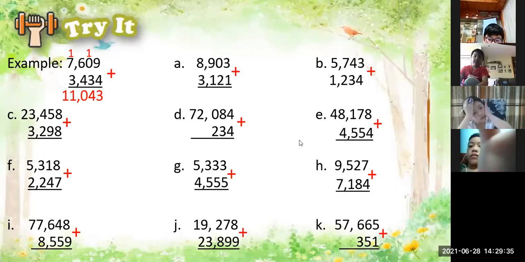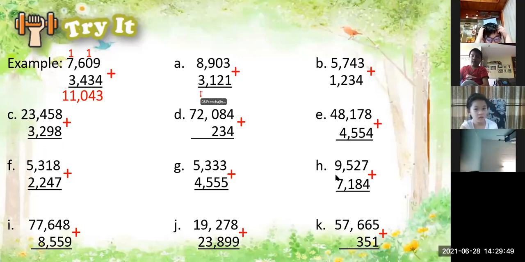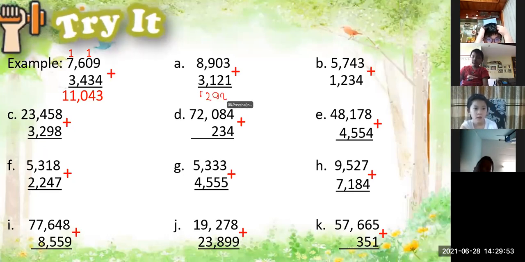Okay, now let's start. Letter A. What's the answer, letter A? Can you tell me, everybody? The answer is 12,024. Let me see. Yeah, it's correct.